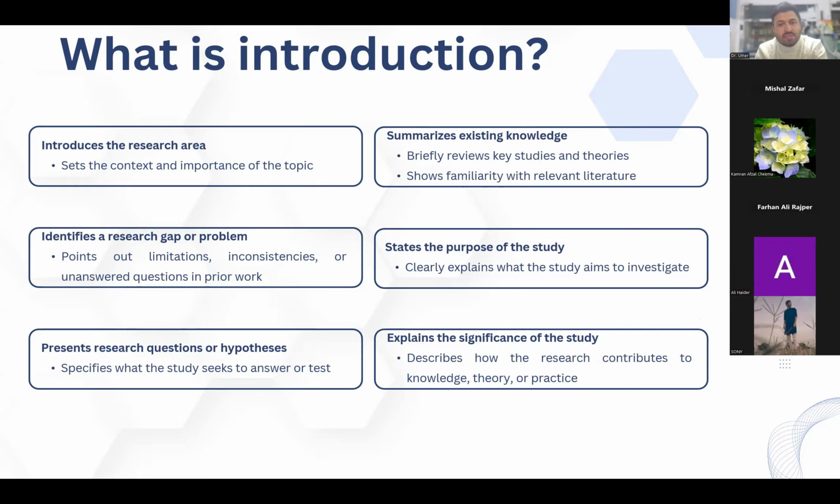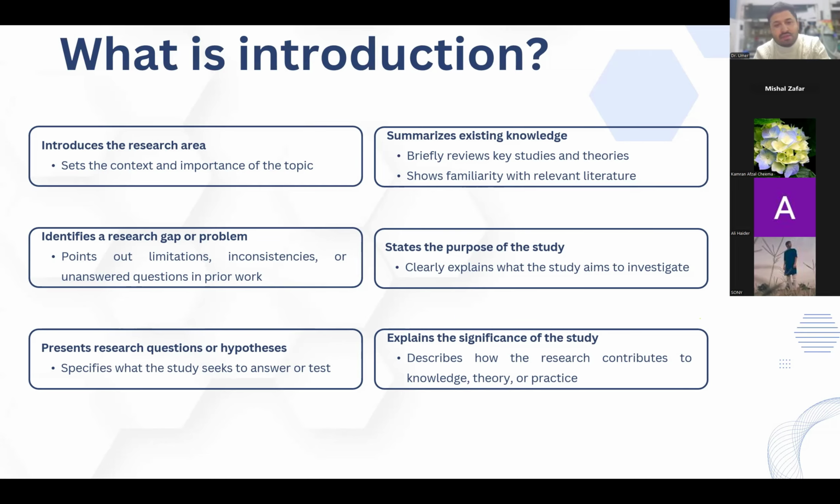The next purpose is that it summarizes existing knowledge. The introduction is not a detailed thing. It is a maximum of 3 or 4 paragraphs, and in 1 or 2 paragraphs we usually discuss the current work that is going on.